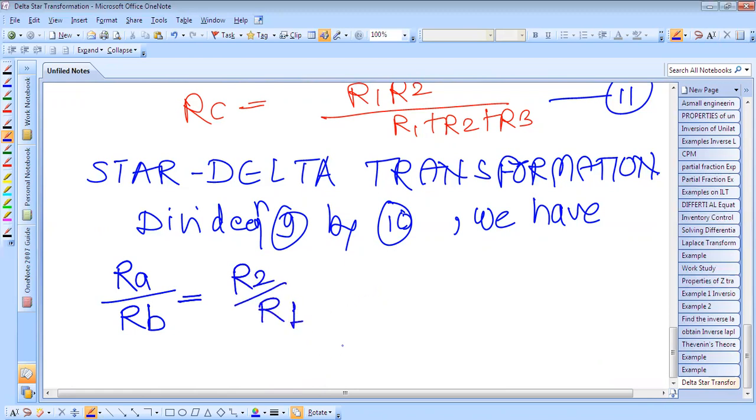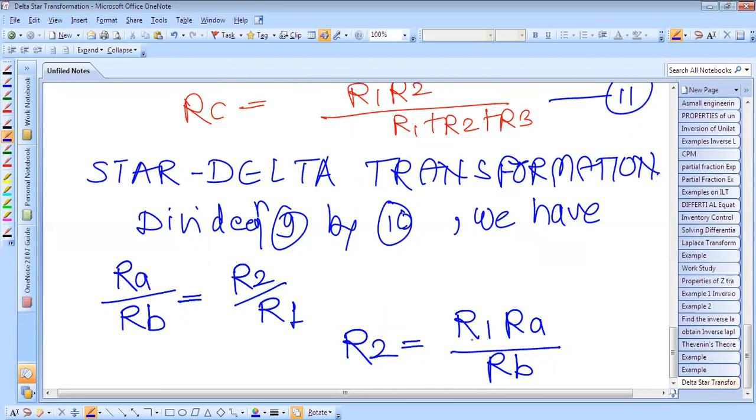Therefore, we have the value of R2 is equal to RA divided by RB into R1. So this is the value of R2.